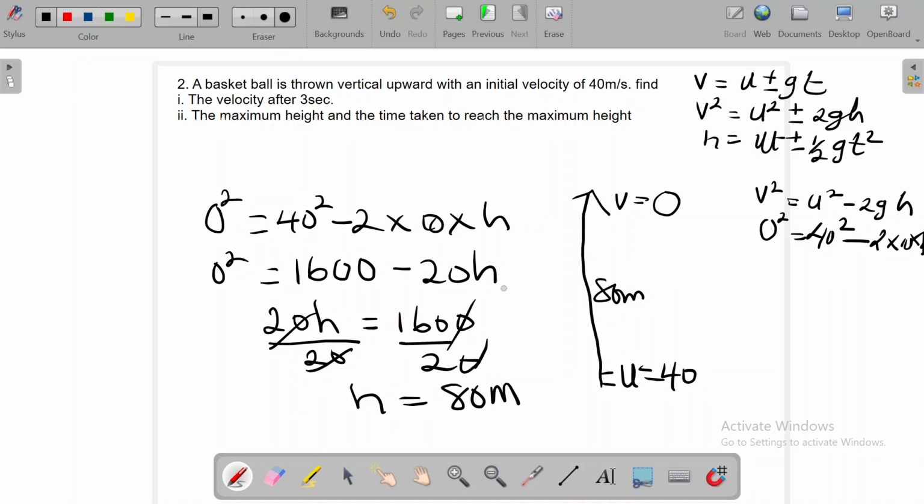The next question now says the time taken to reach this height. I can use the first, which is v is equal to u negative gt. I'm looking for time. What is the v? The v is 0 at the maximum height. What is u? 40. Negative gravity is what?